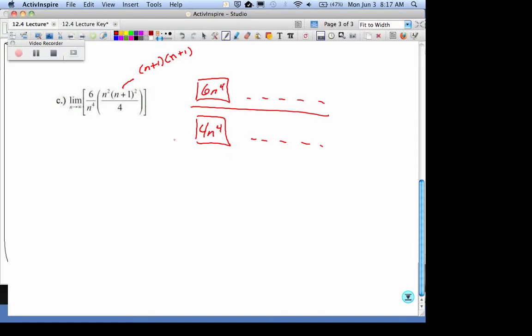I know there's other stuff there, but I'm not going to spend my time finding it because this is an infinite limit. I don't need all the other stuff. I just want to concentrate on that. And what does it tell you when that's 4th degree over 4th degree? 6 over 4, which is 3/2.